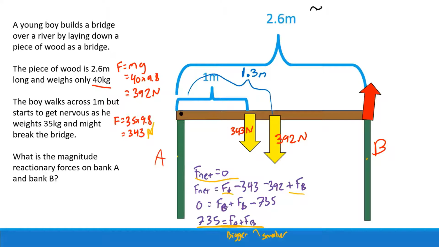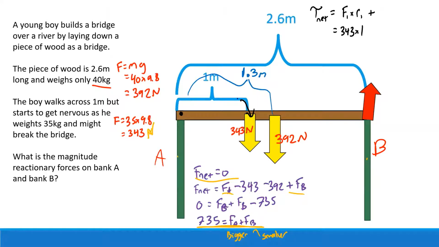The net torque is going to be, well, the first torque along is this 343. And that's positive because it's going clockwise. So that is going to be force 1 times radius 1, which we know for this case is 343 times 1 meter.